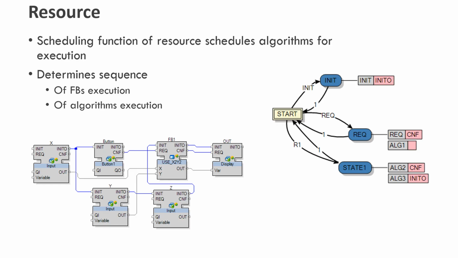In some resource types, these events are queued in a first in, first out queue. In other implementations, there could be a cyclic routine for selecting the next function block for execution.